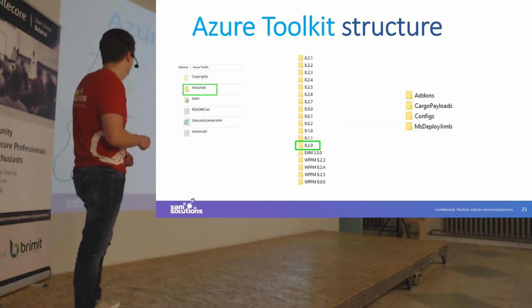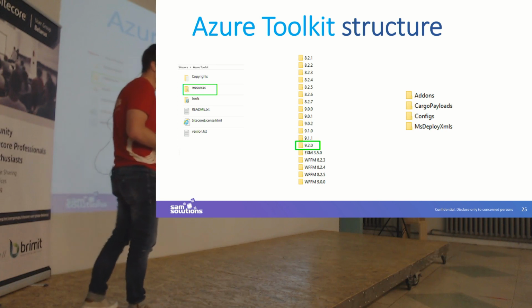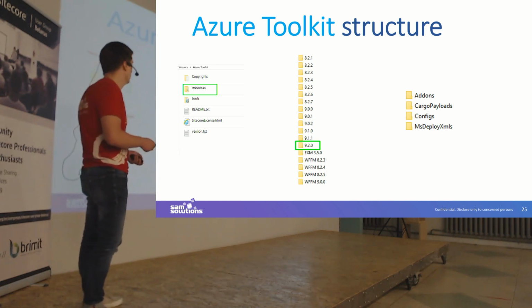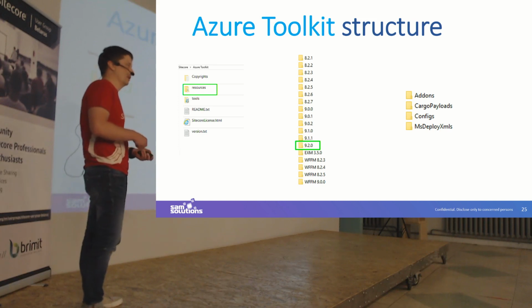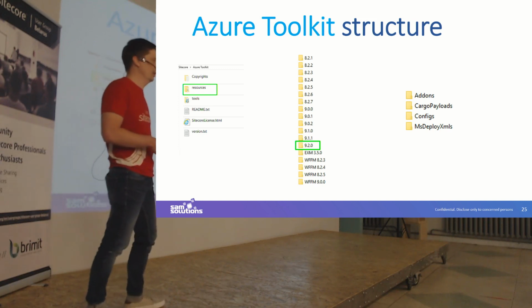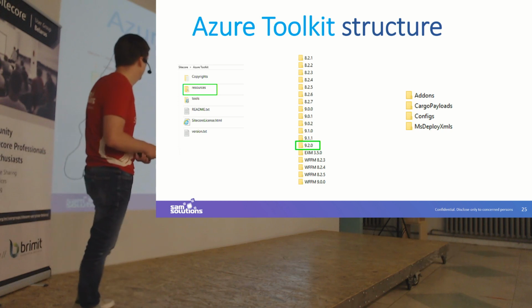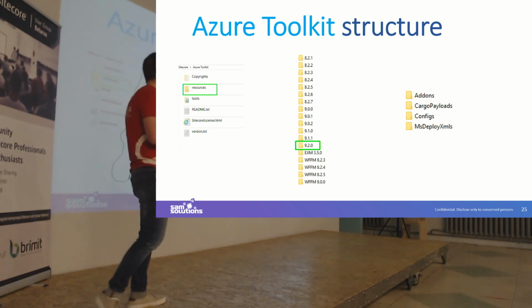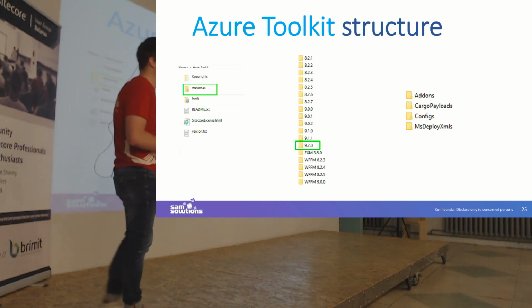The next one, the resources folder, just contains pre-configured resources for all Sitecore versions starting from 8.2. Inside of this we will have some main folders we will talk about a bit later.